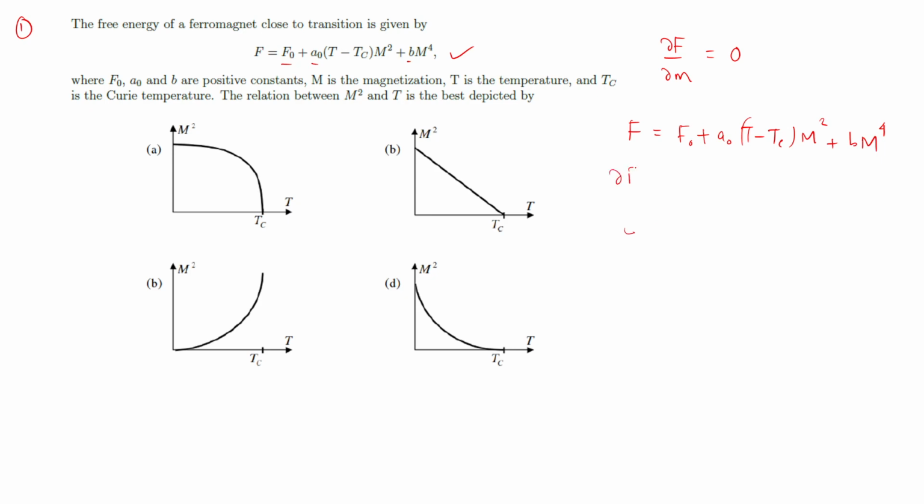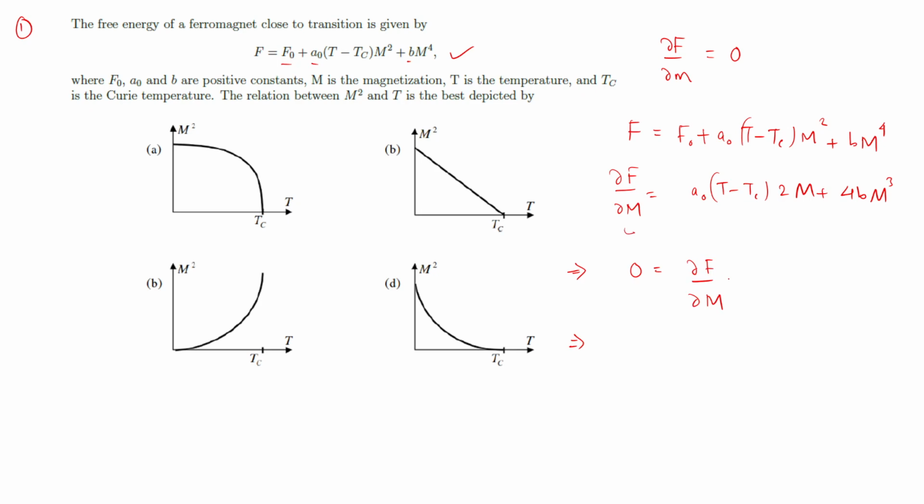So dou F by dou m is equal to A naught (T minus Tc) times 2m plus 4bm3, and we have to set it equal to 0 because we want to find the minimum energy, when the free energy obtains its minimum.